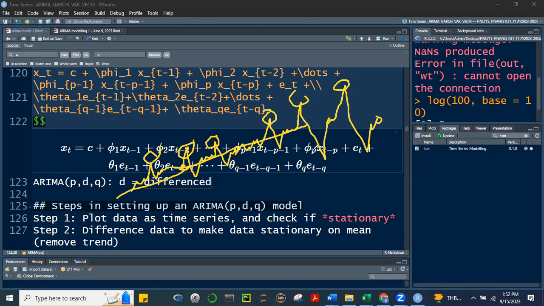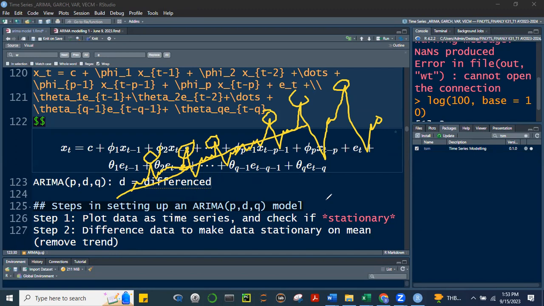So in this case, there might be two differencing. That might be possible. But third differencing, most probably not. I haven't met a model where there was three differencing. The biggest differencing that I saw is second differencing.